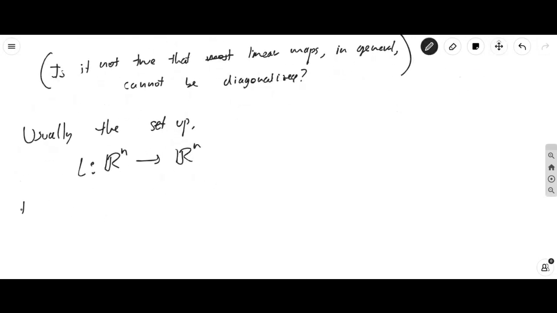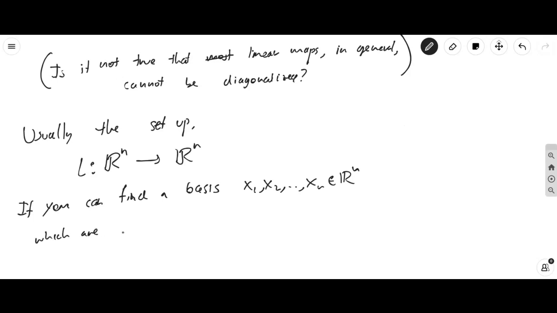What you want to do is find a basis x1, x2, ..., xn in Rn. These are not numbers, those are vectors in Rn, which are eigenvectors for L. That just means that L applied to every xi would be a multiple of itself, lambda i times xi.